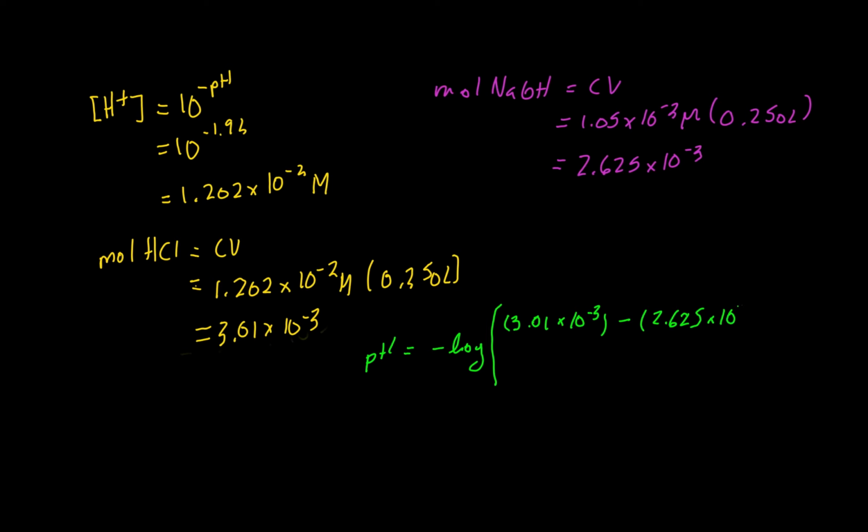There's our base. So the difference between those is divided by the sum of both their volumes. And we had 0.250 liters of acid. We will add to that 0.250 liters of base. All right, punch that in the calculator, and we come out with a pH of 3.12. And that's our final answer.